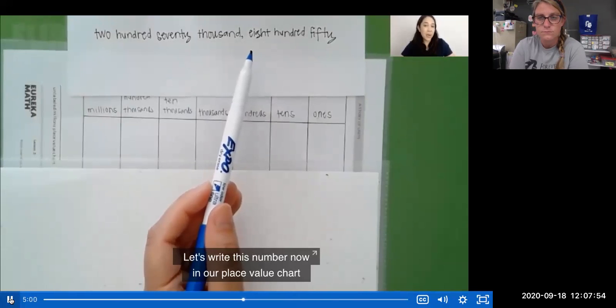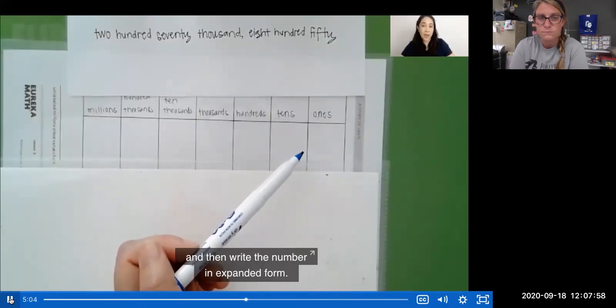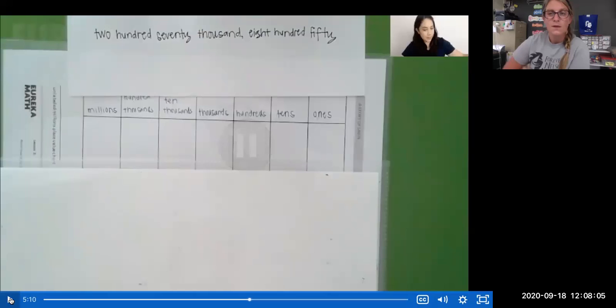Let's write this number now in our place value chart, and then write the number in expanded form. Here I want you to pause the video and try it on your own. See if you can take that number in word form and write it in your place value chart. Then transfer that number to expanded form.